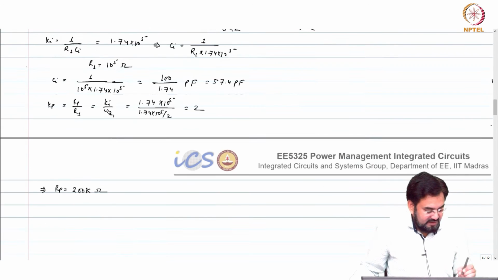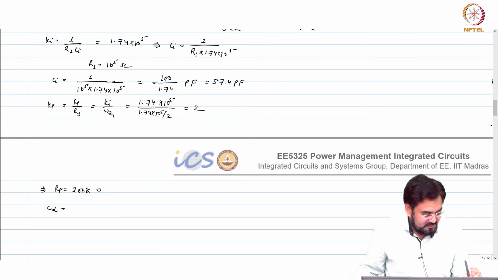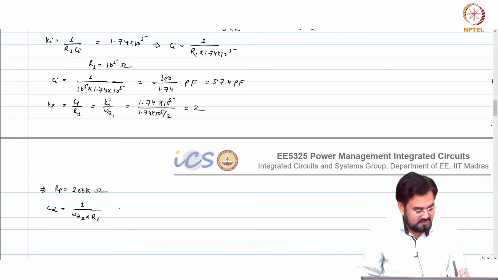So we have to calculate Cd. Cd equal to 1 over omega Z2 into R1.